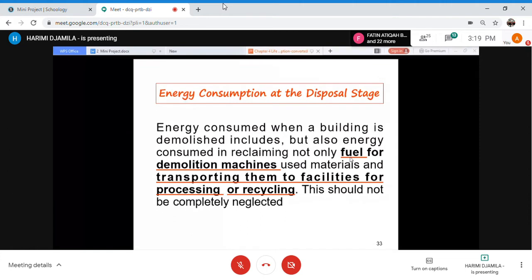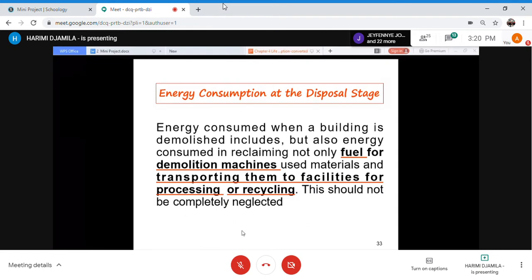You are supposed to consider in the calculation the fuel for demolition machines, since you need machines to demolish. So the fuel should be considered. Transportation you need as well. For any processing, including recycling, sometimes you may need energy. It is supposed to be taken into calculation.